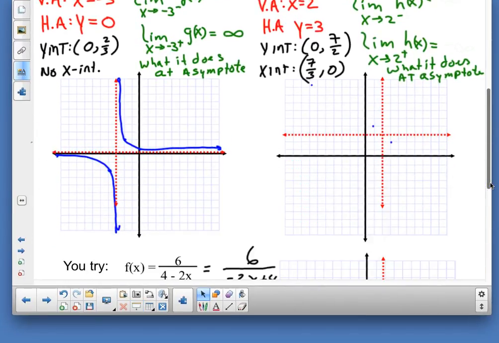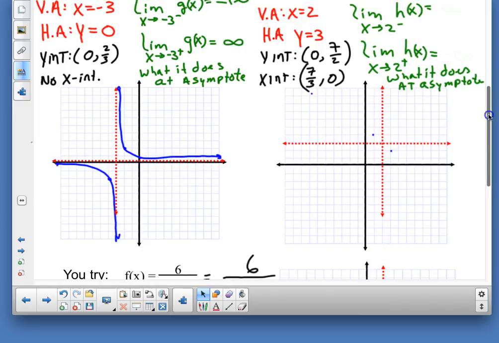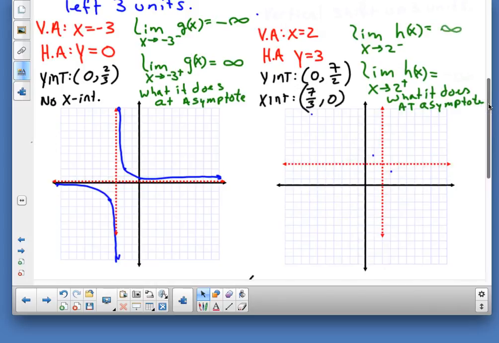Okay, so I've got this going on. And I'm able to look at my left and right, as I'm talking about my limits, what happens at the asymptotes. As I come from the left side, it's going to go to positive infinity. Coming from the right side, it drives down to negative infinity. So I've got my graph looking like this. And I've got 0 and 7/2, so it's 3.5, right about there. My graph's going to do this.